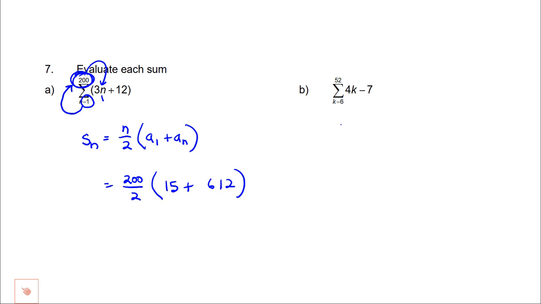Last one. Same thing. S sub n equals n over 2 times a sub 1 plus a sub n. Let me start over here. To get the first term, I plug in who? 6, the first number. And I get 24 minus 7, I believe that's 17.